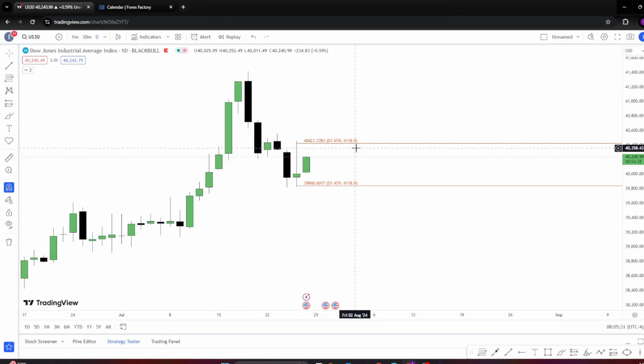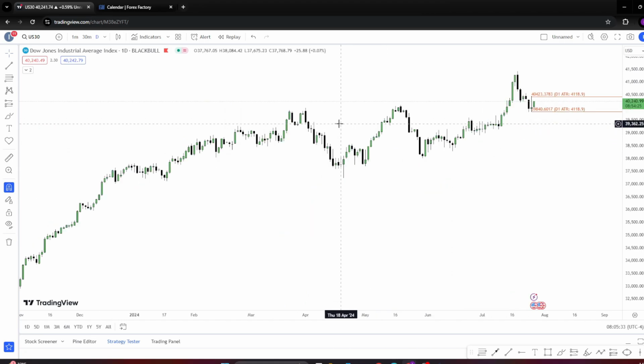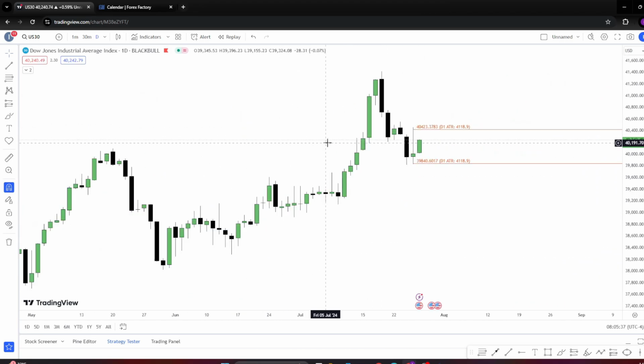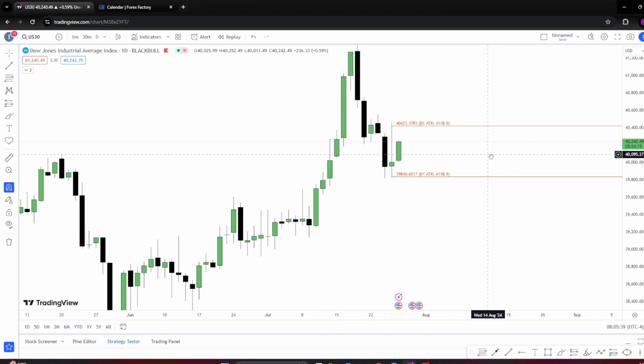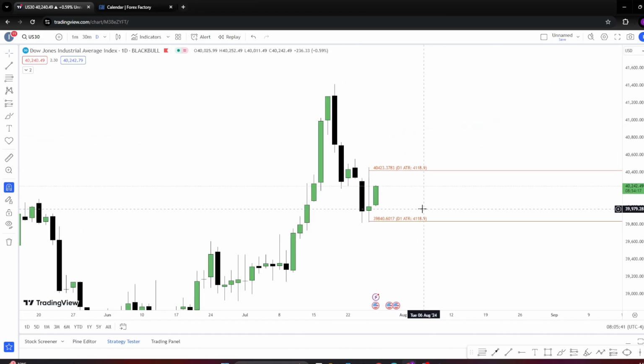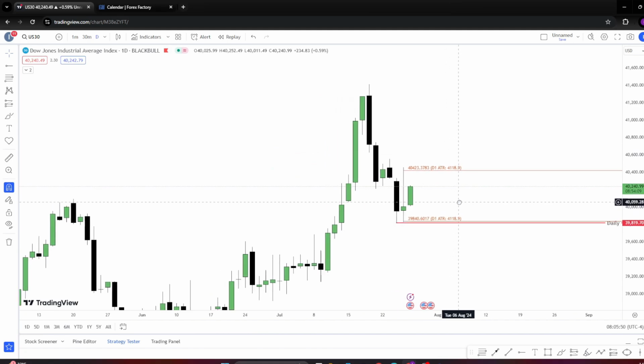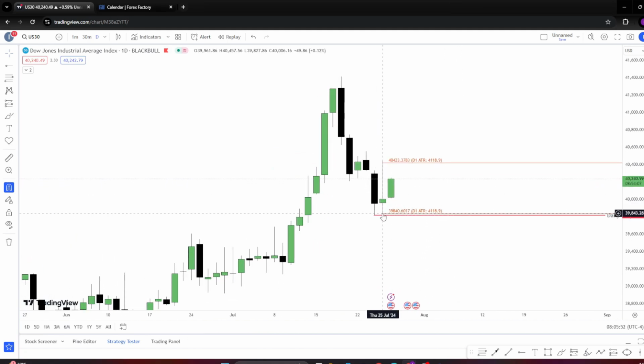So as usual, I'm going to be trading my two markets, and let's start with the market mapping. I start off with my daily chart. Overall, we're pretty bullish, but that's nothing that's really going to influence my decision. In terms of understanding my daily levels, it's obvious that we do have a daily level here that I need to be paying close attention to. We have relative equal lows, which could be interesting.